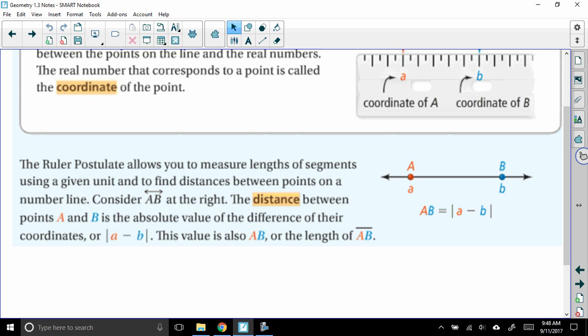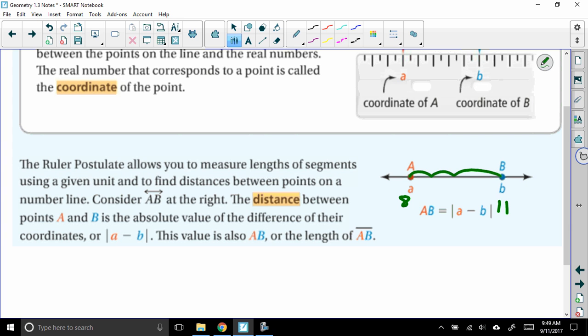The reason they write it that way, and the reason the ruler postulate is the way it is, suppose A was at 8 and B was at 11. Now most of us know that from 8 to 11 would be 1, 2, 3 units. Those aren't evenly spaced, but you get the idea. From 8 to 11 would be 3 units, and most of you know that the answer is 3.